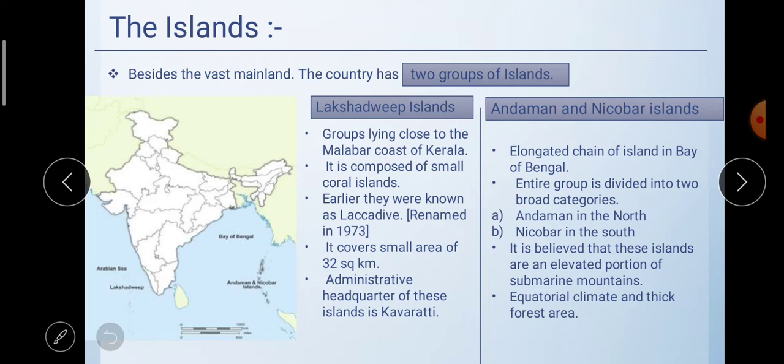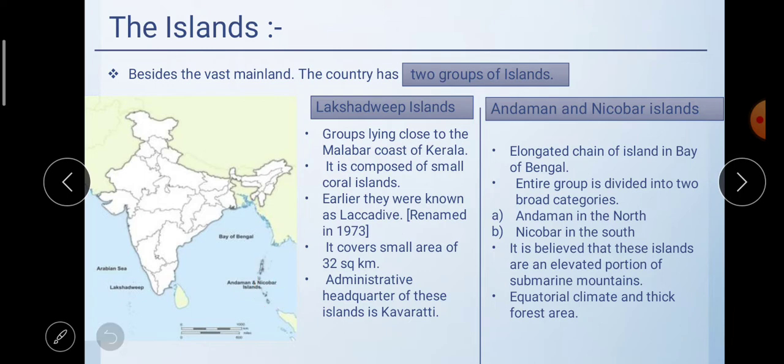Next is the Andaman and Nicobar Islands, an elongated chain of islands in the Bay of Bengal. The Lakshadweep Islands are in the Arabian Sea, and the Andaman and Nicobar Islands are in the Bay of Bengal.